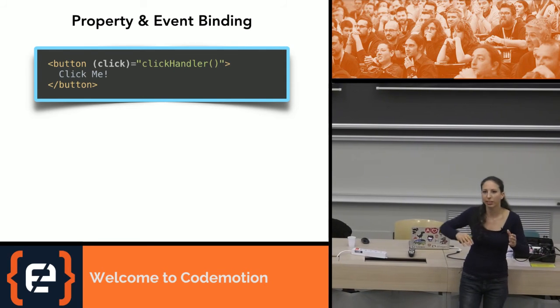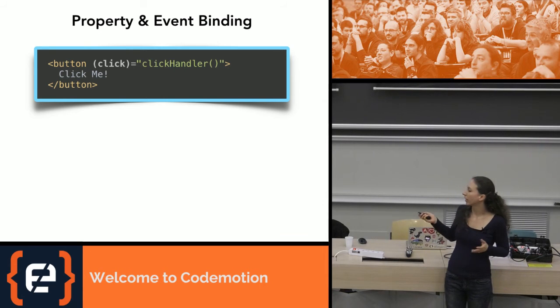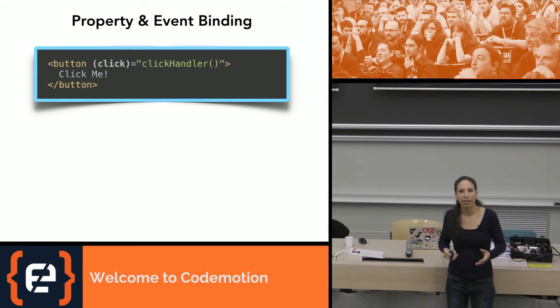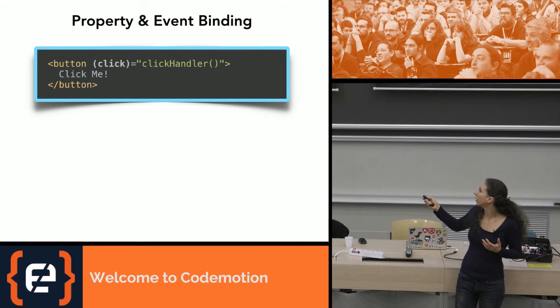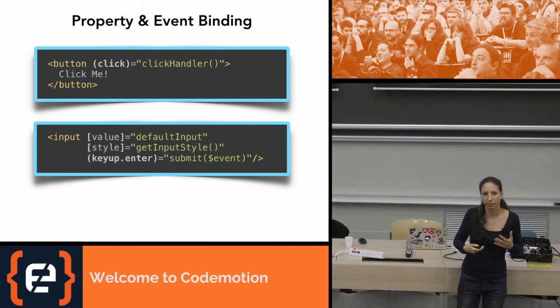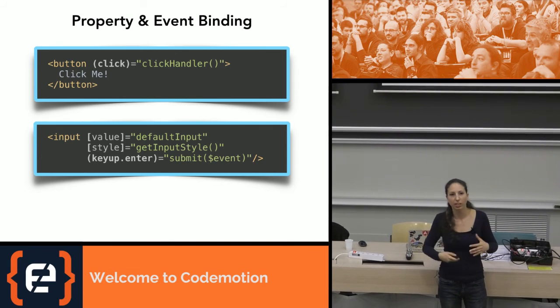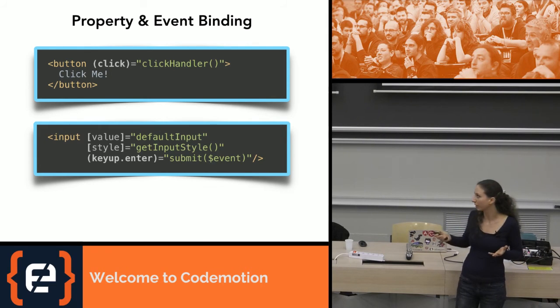Angular gives you the ability to bind to properties and catch events in the same way. Okay, so for example, here is the button, and we catch the click event and do something with it. So the click handler is a function on the component and in the controller of the component that has this button inside in the template.